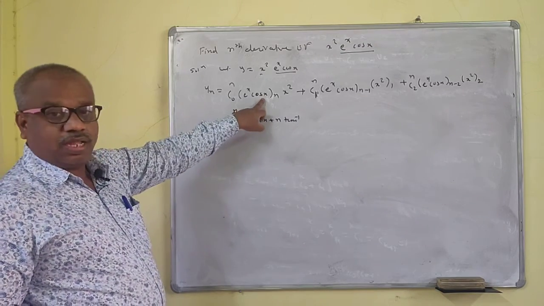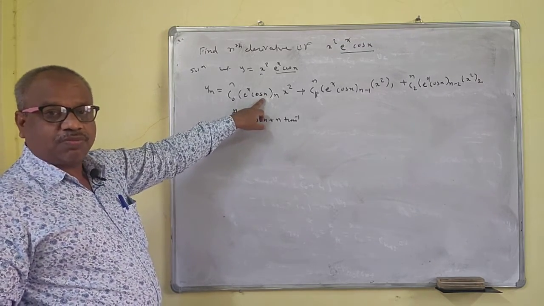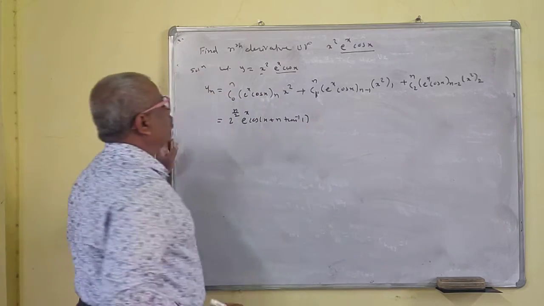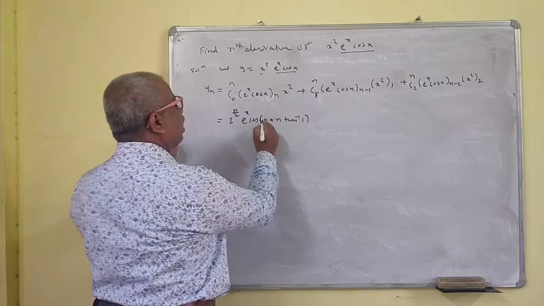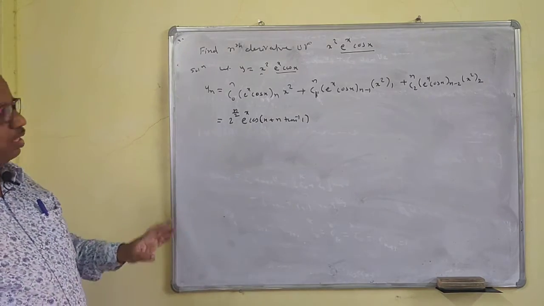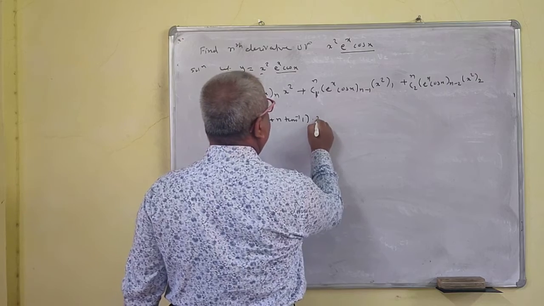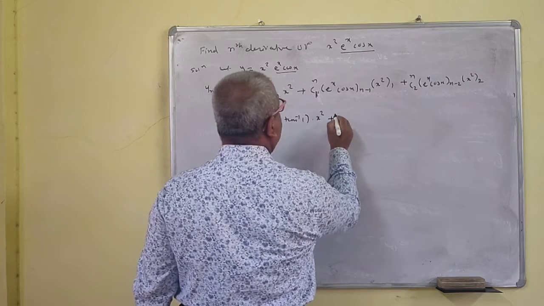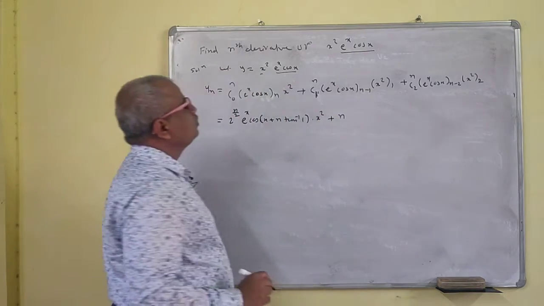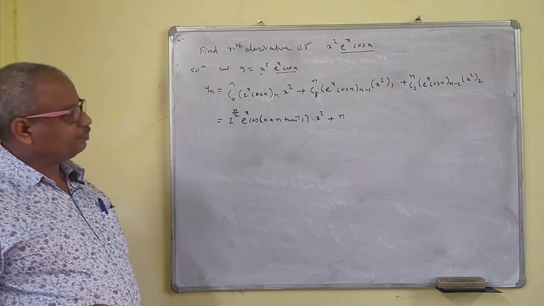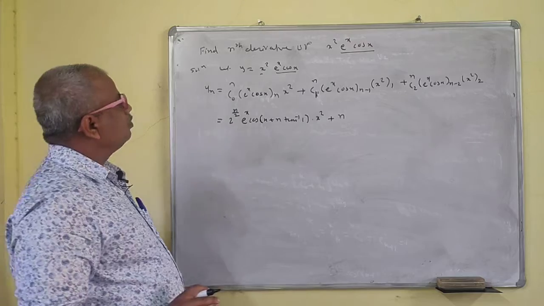Here b is the coefficient of x in the angle, so this is 1 and this is 1. We will write tan inverse 1. If you are able to write the value of tan inverse 1, then you can write it here. Okay. And x square will be as it is. Plus nc1, which is n. nc1 is always n. Okay.